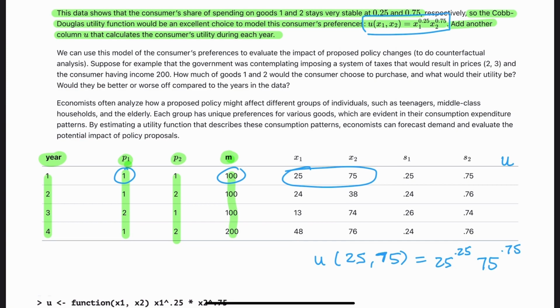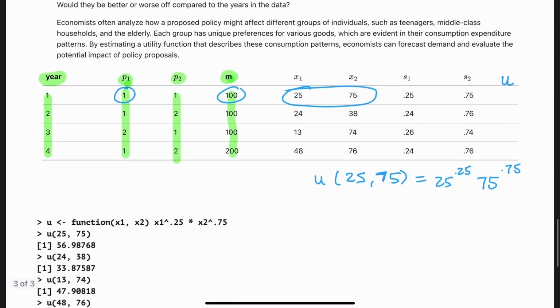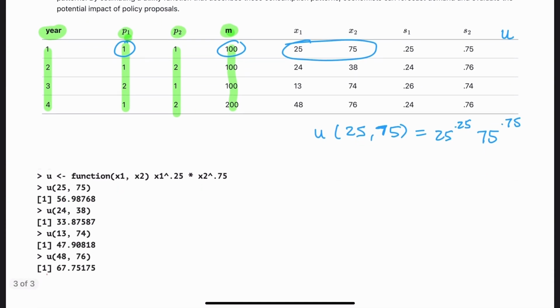You can get out your calculator and work on that, or you can use R. This is kind of a fancy way to solve a problem. I define a function that has 2 arguments, x1 and x2, and it returns x1 to the 0.25 times x2 to the 0.75. So I can quickly solve the whole problem by putting in 25 and 75 into my function.